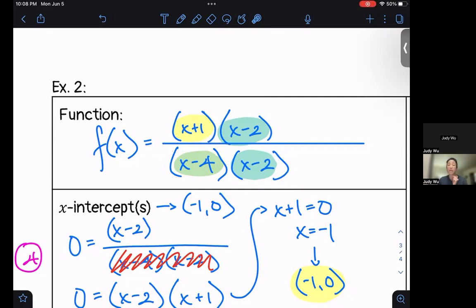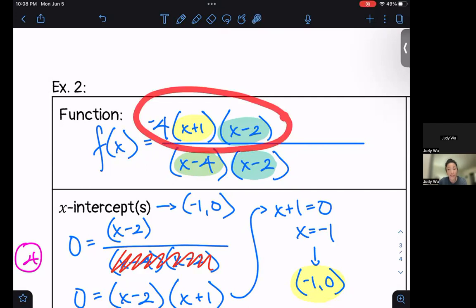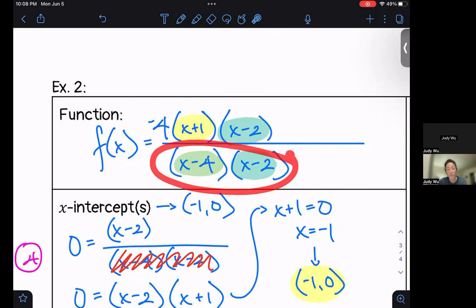But we need that horizontal asymptote to be at -4, not at 1 like it currently is. The easiest way to do that, stick a -4 in the front. Now my leading coefficient of the numerator is -4, and the leading coefficient of the denominator is 1. And -4 divided by 1 will give me -4, okay?